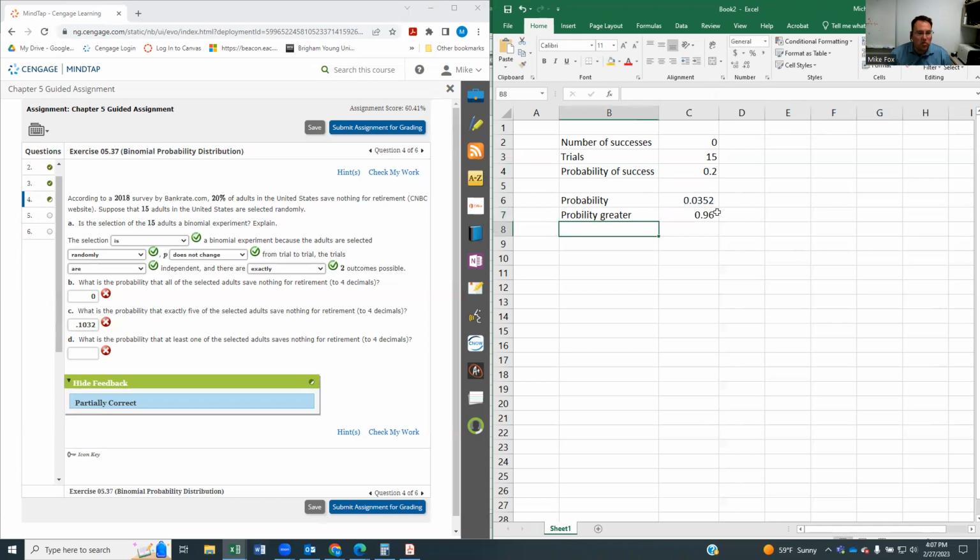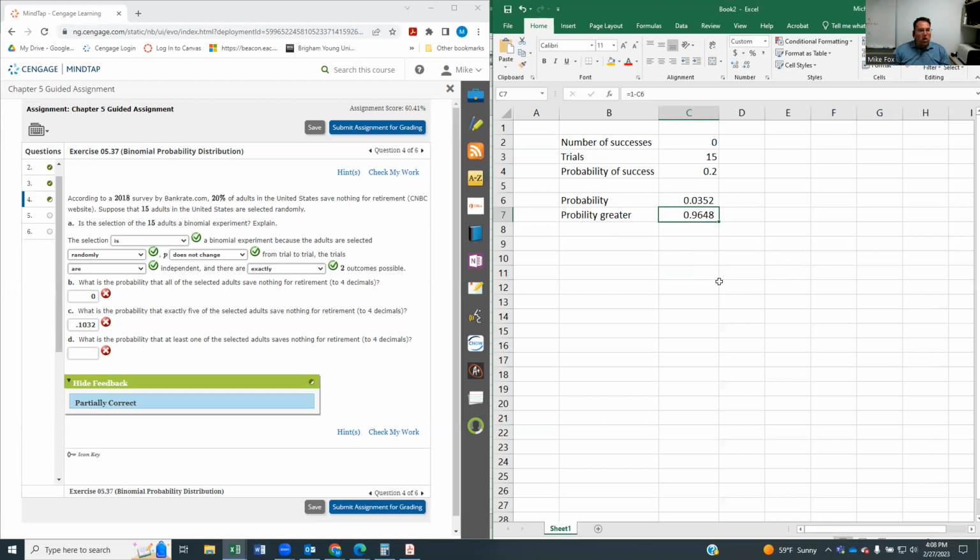So this gives us the probability that at least one person, 1, 2, 3, 4, 5, up through 15, don't save anything. So there's a 96.48% chance that at least one person saves nothing for retirement, is what this really turns out to be.